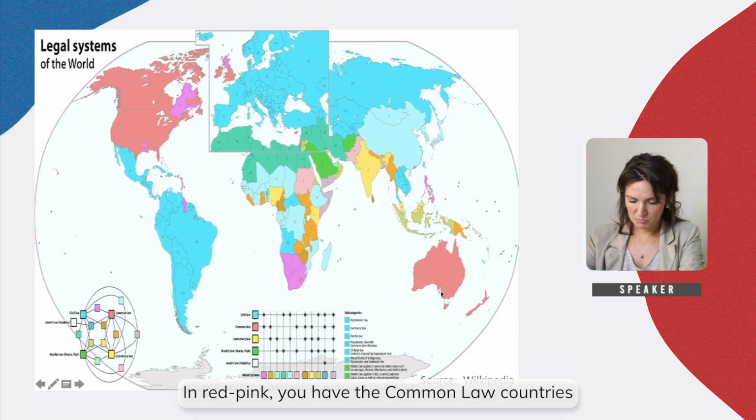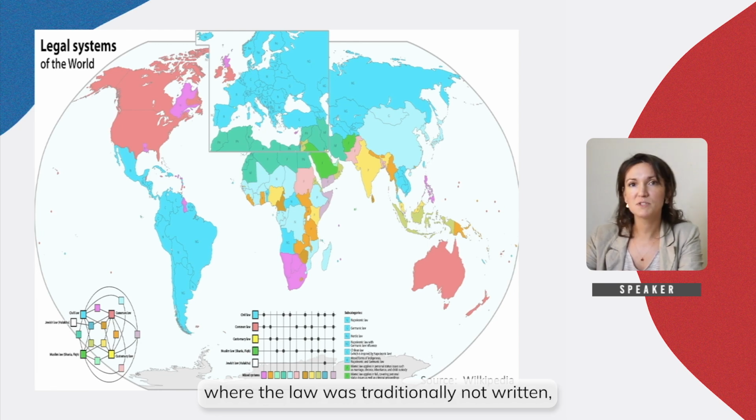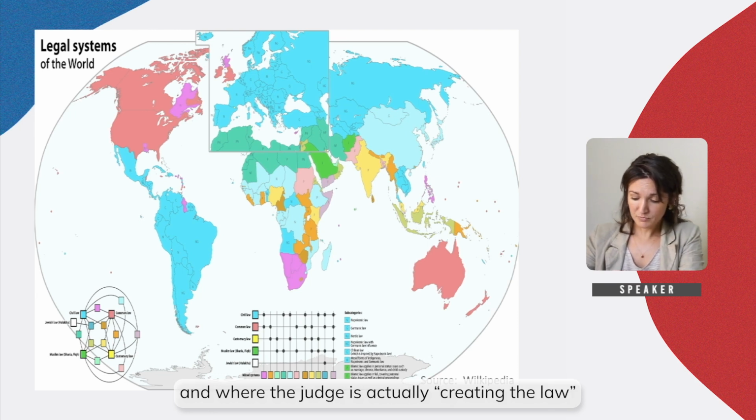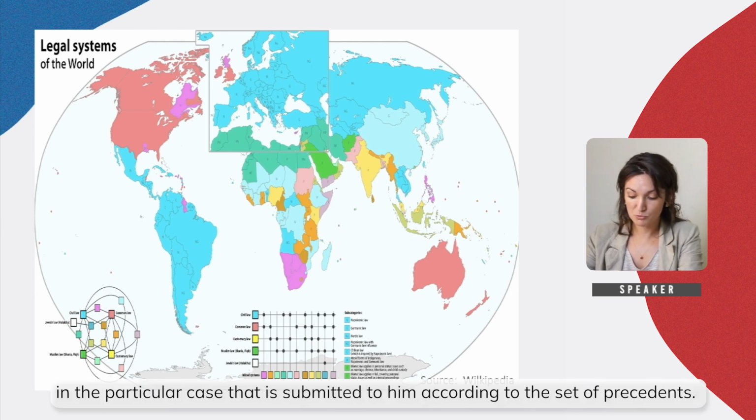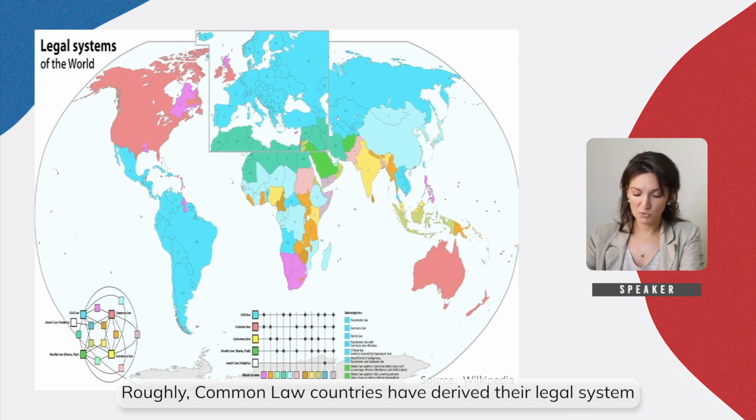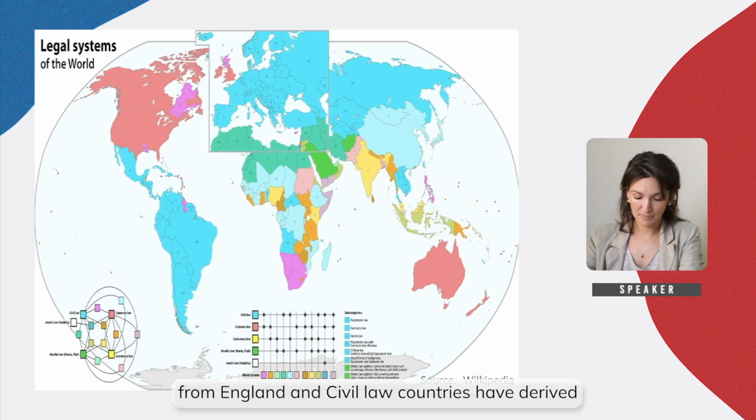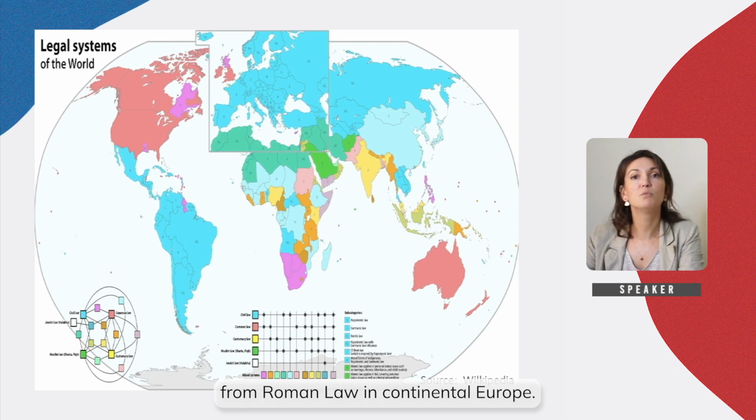In red, pink, you have the common law countries where the law was traditionally not written and where the judge is actually creating the law on the particular case that is submitted to him according to the set of precedents. Roughly, common law countries have derived their legal system from England, and civil law countries have derived from Roman law in continental Europe.